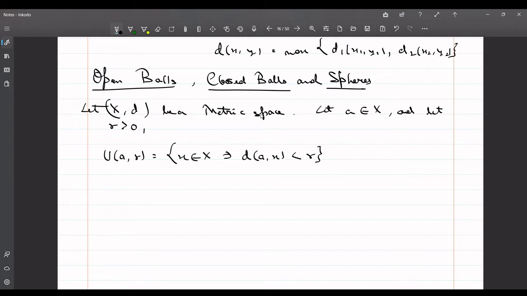Now there might be some shape coming to your mind. You can use that imagination to understand this concept, but don't fix it in your mind, because the shapes of open balls, closed balls and spheres vary according to the metric space.